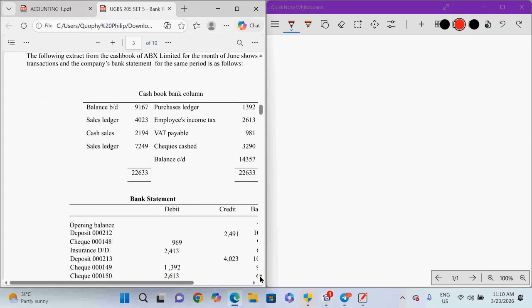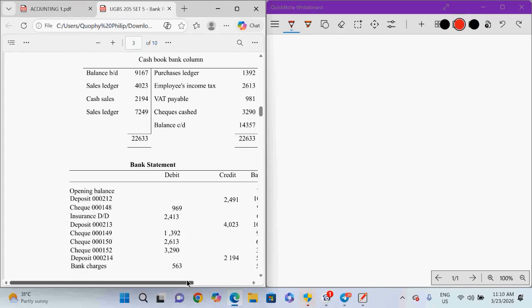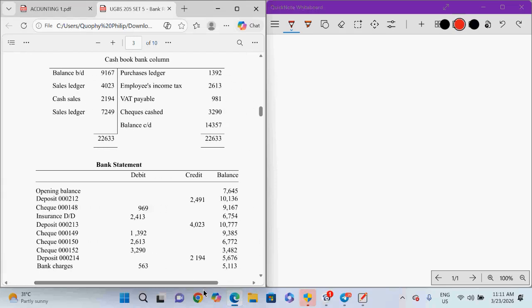Cash book bank column. So at the debit side, balance carried down 9,167. Sales ledger 423. Cash sales.